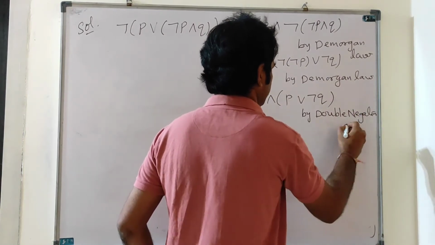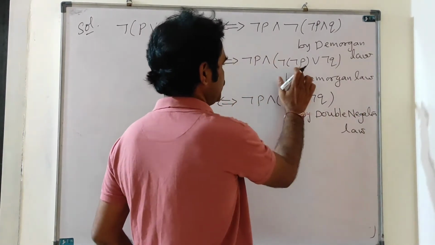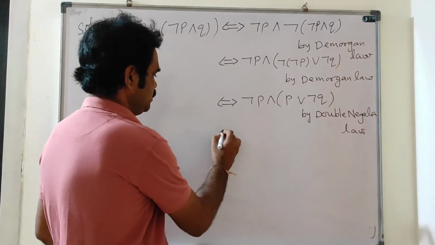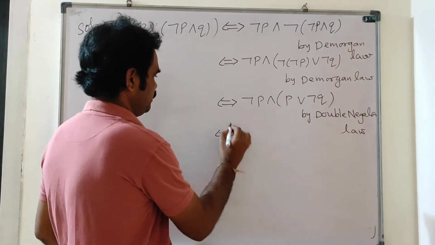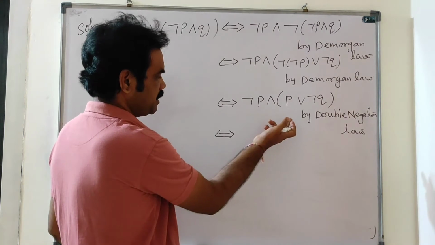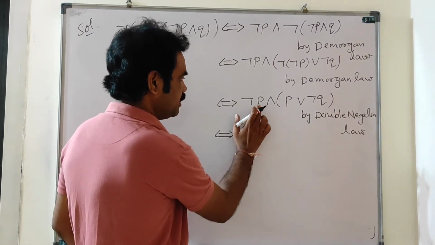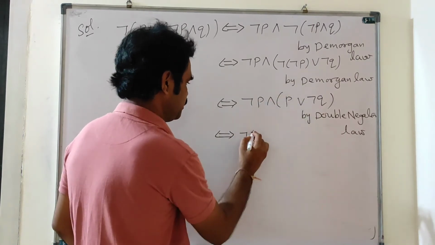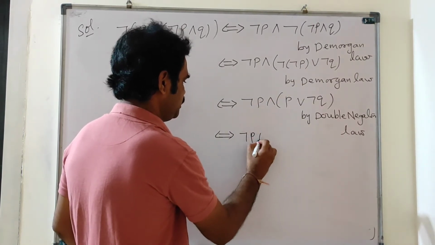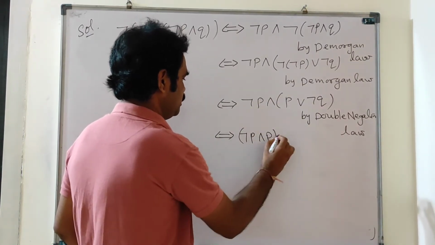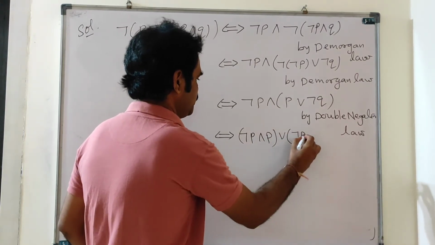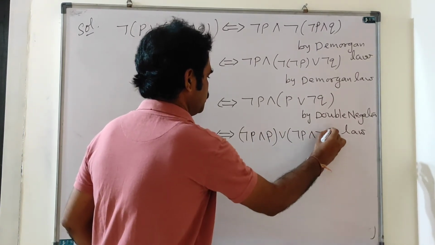Now this is equivalent to, by distributive law, (negation P and P) or (negation P and negation Q).